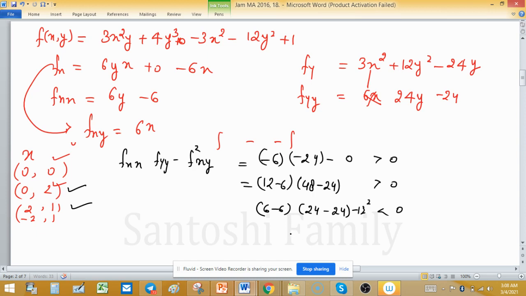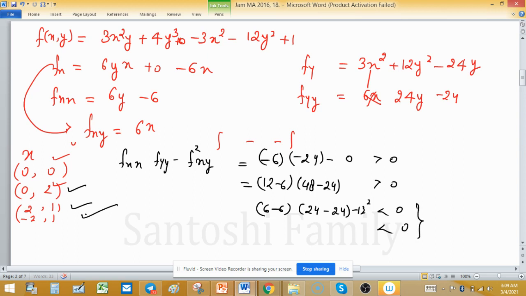And again, minus 2 comma 1, the value is less than 0.